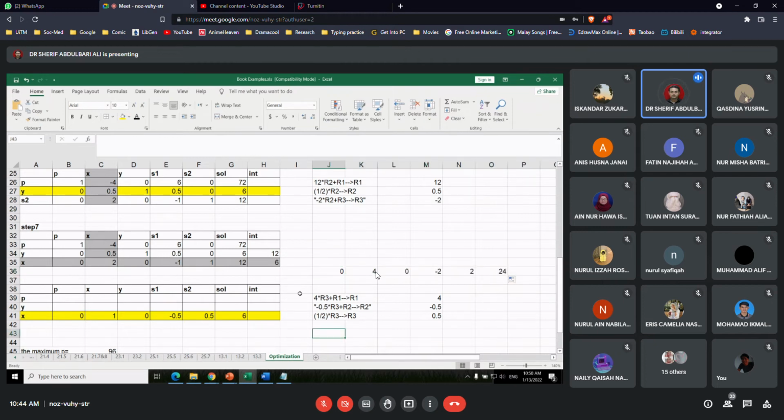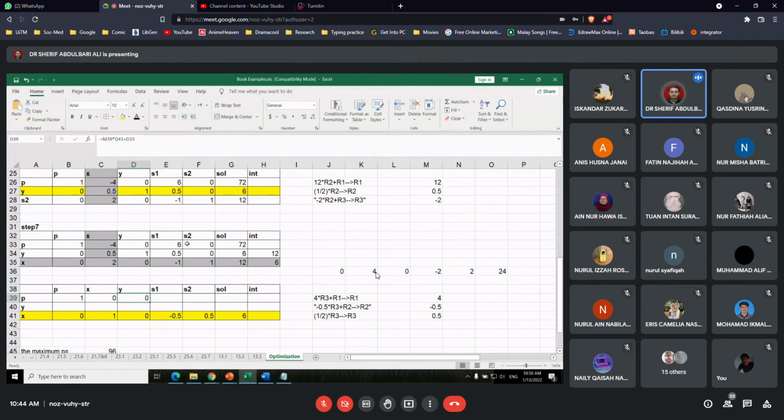Okay, so now 1 minus 0, it's 1. Negative 4 would be with the minus of this value here, so you are getting the value of 0, and 0 with the 0 in here.